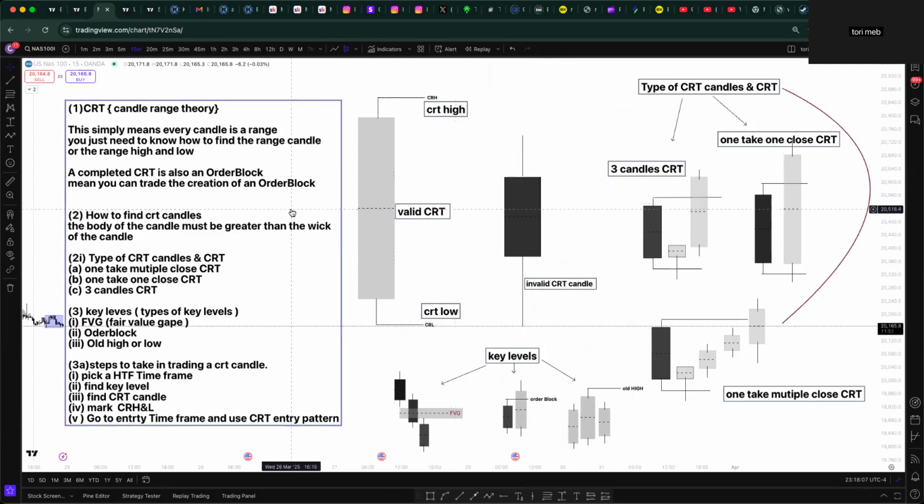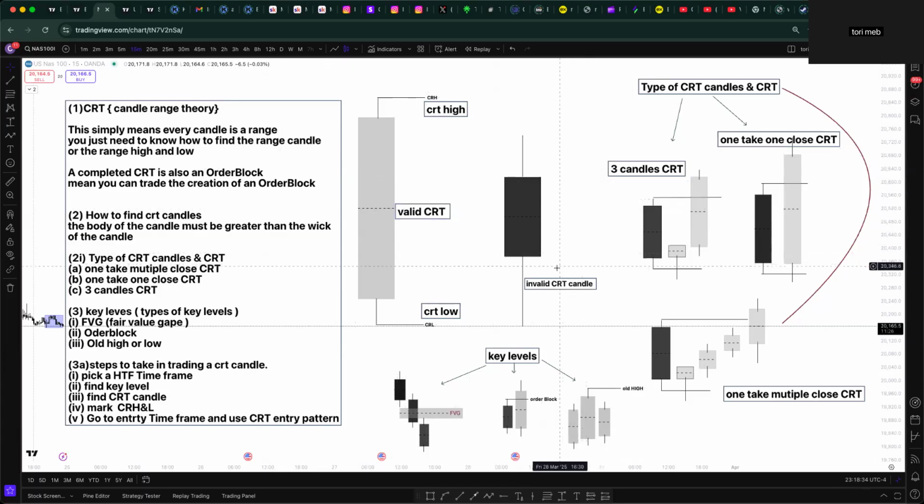Now for CRTs, there are ways you can spot a CRT candle. There are ways you can tell there's a CRT candle. I'll go through it again. This simply means every candle is a range. You need to know how to find the range candle, the range high and the range low. So I'll show you now. This is a bullish candle.